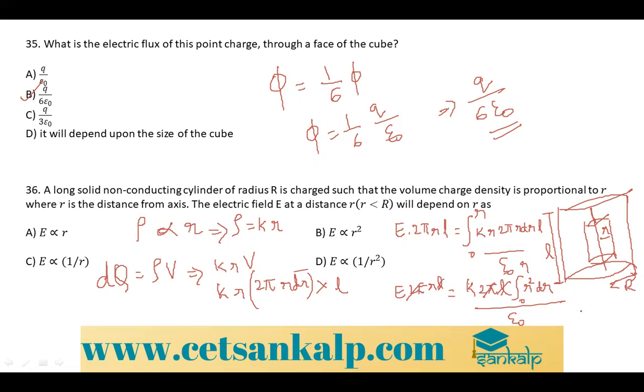So here I write E R is equal to K by epsilon naught, R cube by 3. So R squared remains, and I can write E is proportional to R squared. So option B is the right answer.